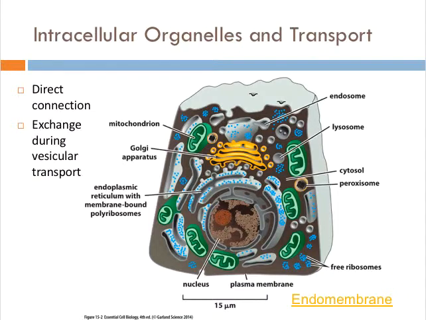When we talk about what's called the endomembrane system, we're talking about basically the nucleus, the endoplasmic reticulum, the Golgi, the different vesicles that all need to exchange proteins. And we're going to have to look at how we get these proteins from one place to the other in the cell.